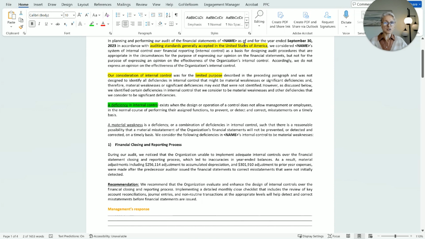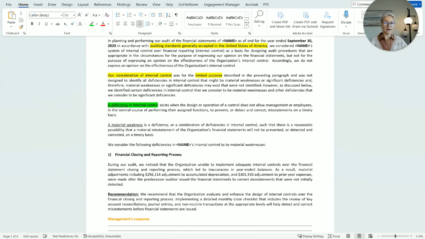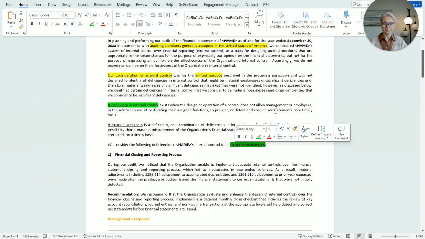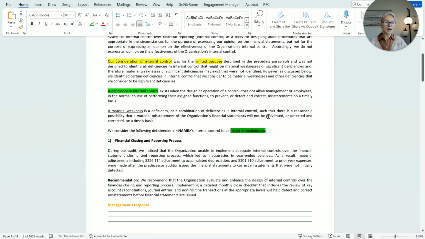So after we explain to the management the purpose of that letter, we say to the management, we identified the following material weaknesses. Reminder, a material weakness is the worst deficiency, because that material weakness makes financial statements to be materially misstated. And very often auditors issue a material weakness when we identify a material adjustment or correction.